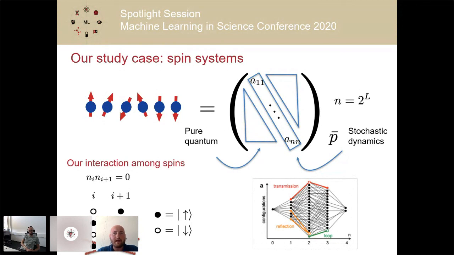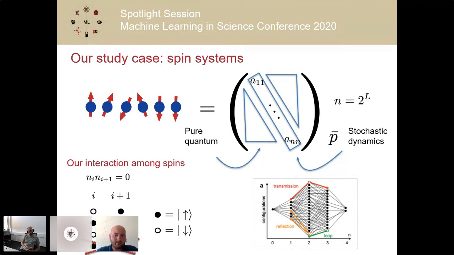So basically, the dynamics is happening in a subgraph of the entire Hilbert space. So let's say that the complexity is no longer exponential. But despite their simplicity, these systems can describe a plethora of different physical phenomena, going from glasses to gauge theories.